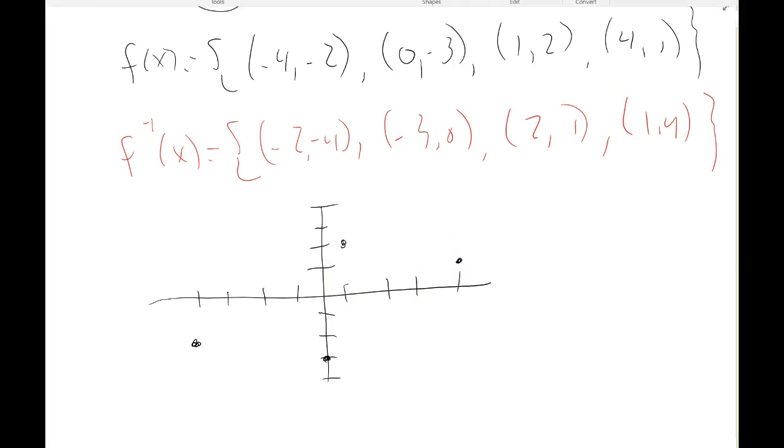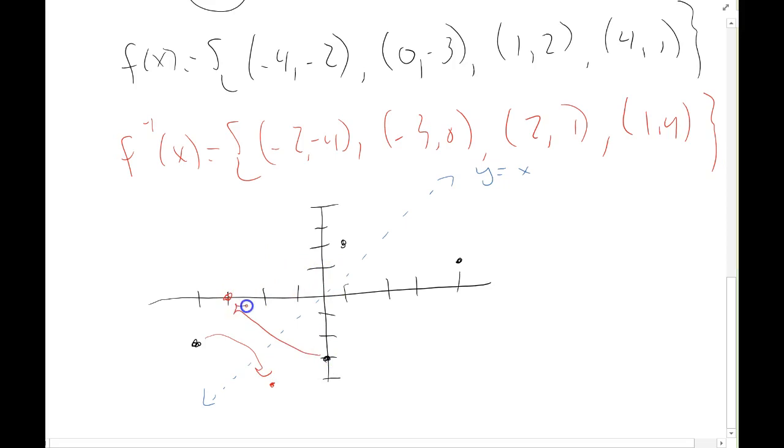If I want to find the inverse of this, I can reflect this graph across the line y equals x, which is essentially the same thing as swapping the x and y coordinates. So that is (-2, -4); this one gets reflected to there. (-3, 0): this one is reflected to there. (2, 1): that one is reflected to there. And then (1, 4): this one is reflected to there.